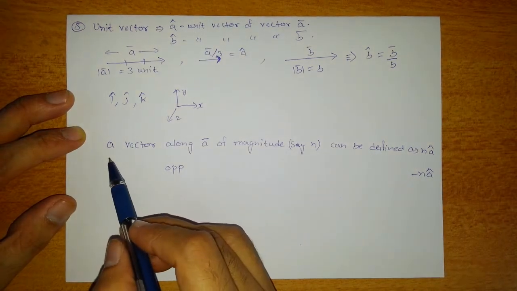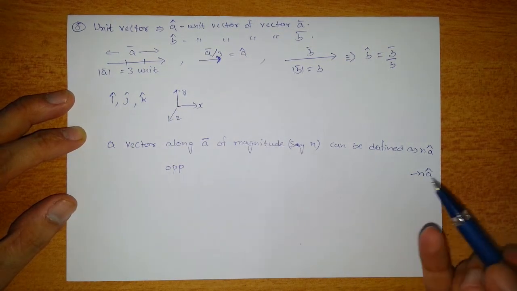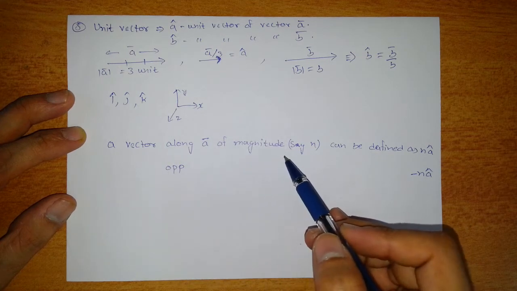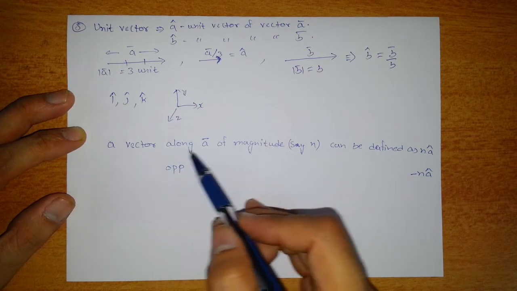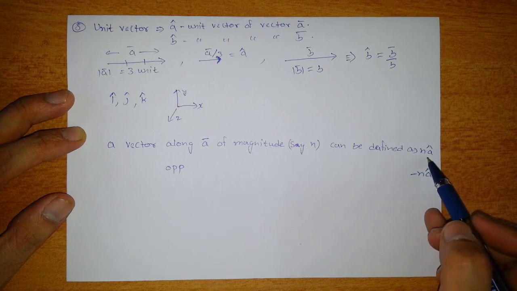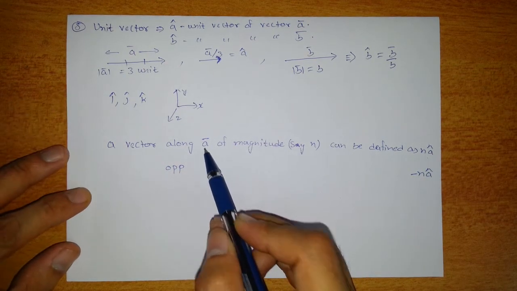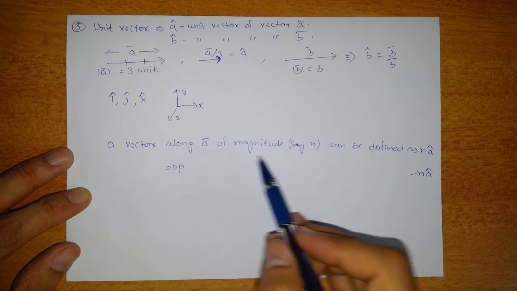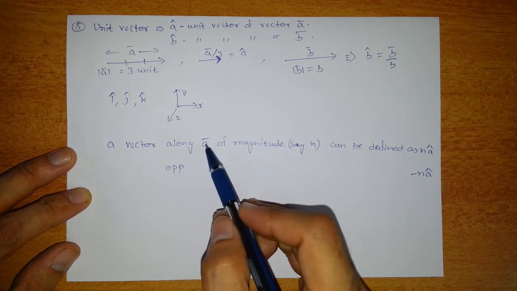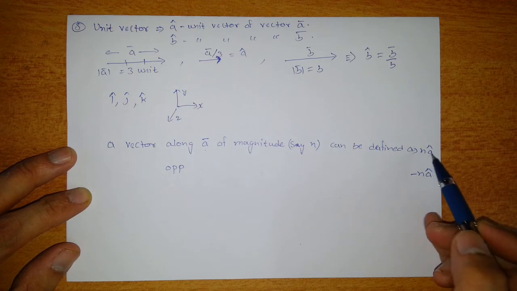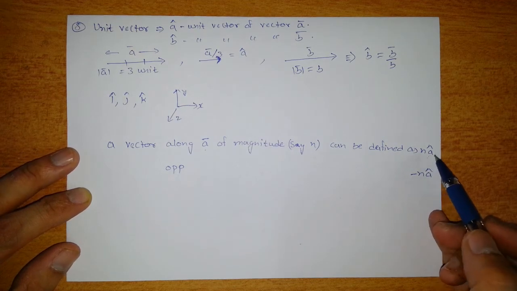In this part we'll be looking at why we have to define unit vectors at all. The best explanation is, if we have defined a vector a cap, which is along vector a, then we can define any vector which is along vector a as n times a cap, where n is the magnitude of that vector.